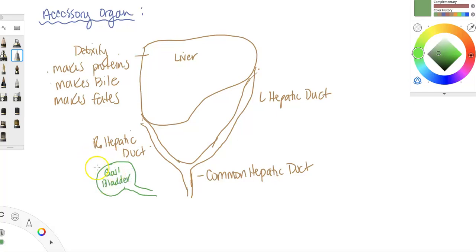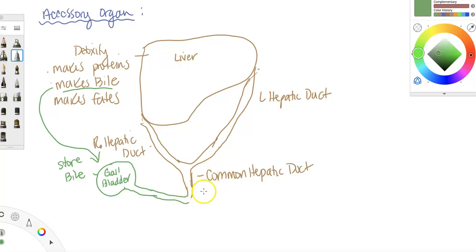And the gallbladder, all it does is store bile. So the liver makes bile, and the gallbladder takes it and stores it for use, okay? It has a duct that comes out and goes into where the common hepatic duct is.